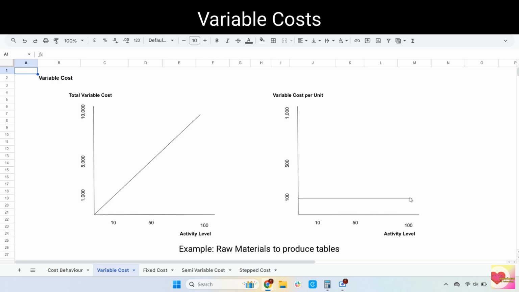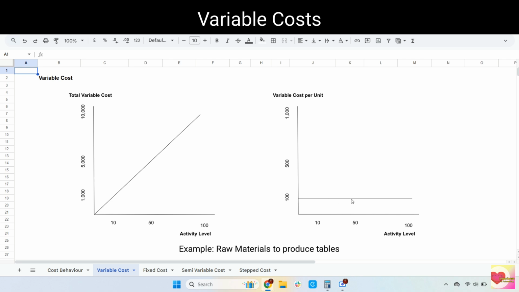Using the same example, we can see that to produce 10 tables, the cost of raw materials needed to produce each of those tables is 100. To produce 50 tables, the cost of the raw materials needed to produce each of those 50 tables is still 100.